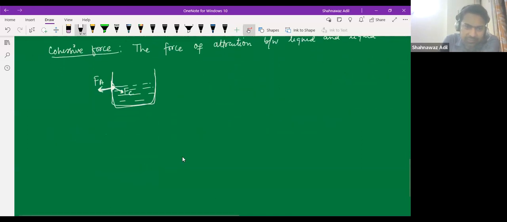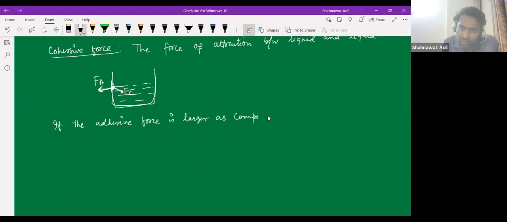So if the adhesive force is larger as compared to the cohesive force, then the liquid will wet the wall of the container.